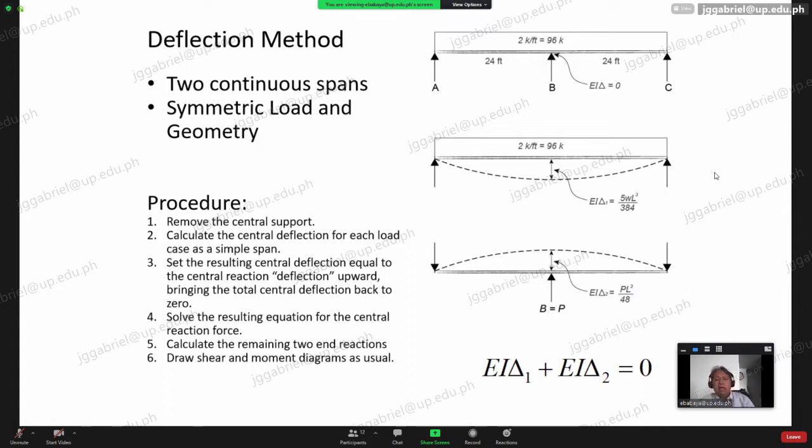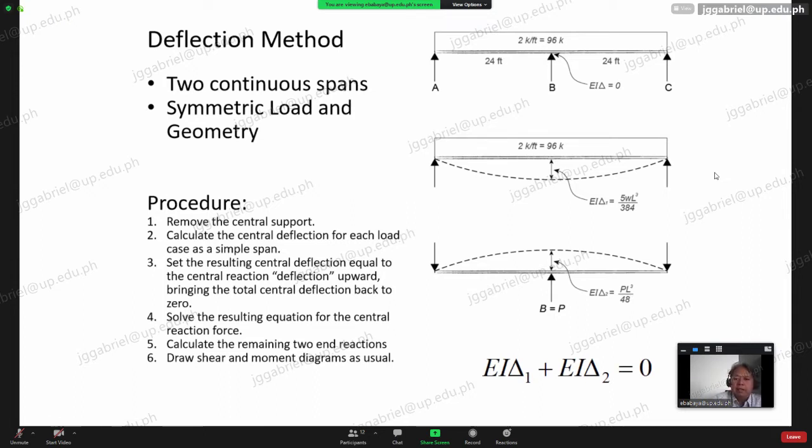Now, in theory, or in the boundary condition, the deflection at that point supposedly is 0. So you will have to set that to 0. So these two should be equal. Originally, this is on the right side, and then transpose this to the left, it becomes this equation. If you add the two, you should get 0.